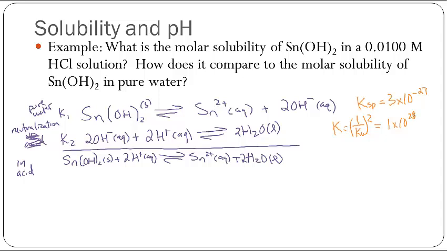We flipped our KW for this reaction, and we have it twice, so we square it. So my overall K is equal to what? This you should be able to do in your head. 30.